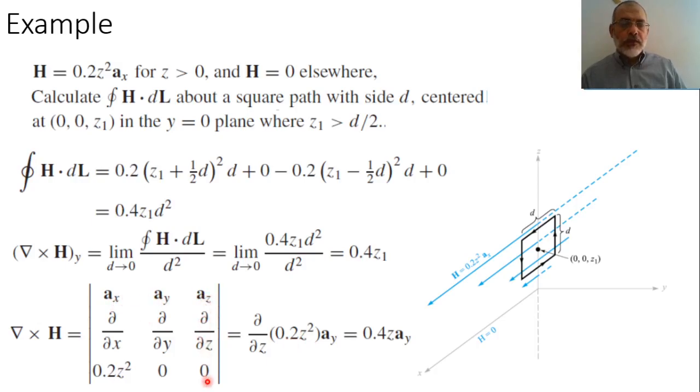And the curl operator in the z direction, the derivative with respect to x would be 0, and the derivative with respect to y would be 0 also, because this is a function of z, not a function of y. So we only have a component in the y direction. So the curl of the magnetic field in this case would be 0.4 z in the y component only.